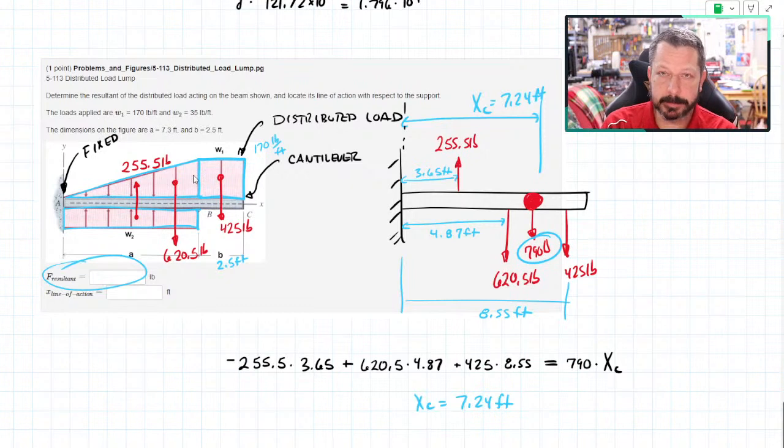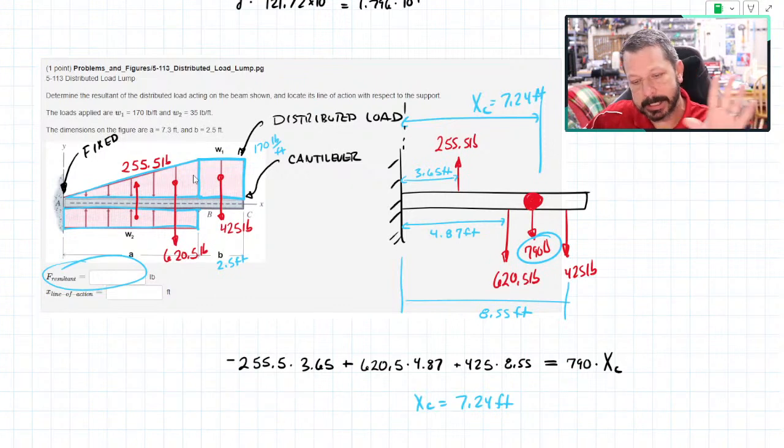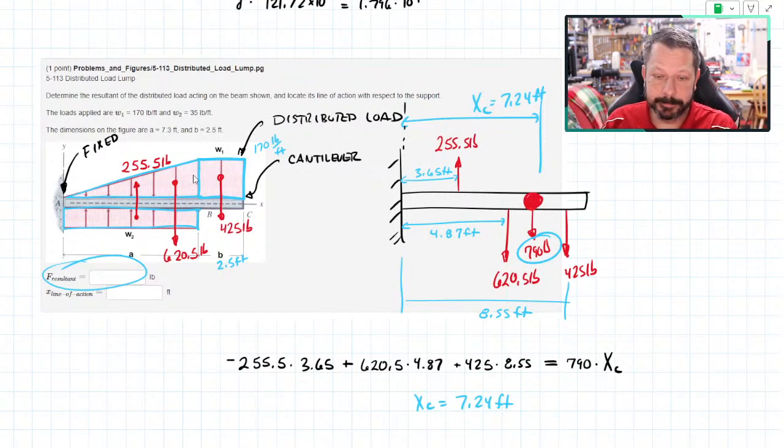Now the beam actually responds differently to those two different things, but we aren't talking about beam deflection yet. We'll do that closer to the last part of the quarter. But this one 790 pound load placed 7.24 feet would have the same effect as our original beam with the distributed loads on it. That's the idea.